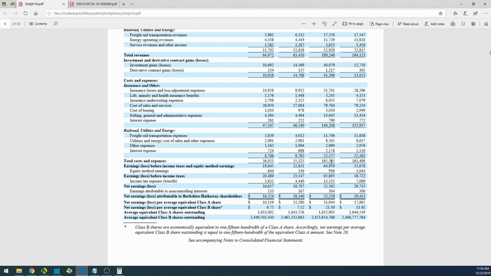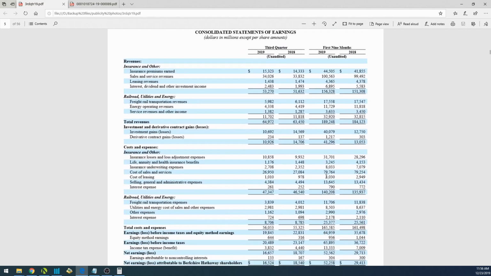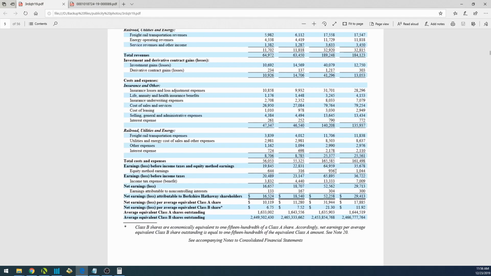Let's take a look at insurance costs. There's a rise of about 4 billion, whereas for railroad the cost stayed about the same. So with the increase in revenue from the insurance and other business comes an increase in cost as well. The increase in revenue and the increase in costs are quite balanced out.